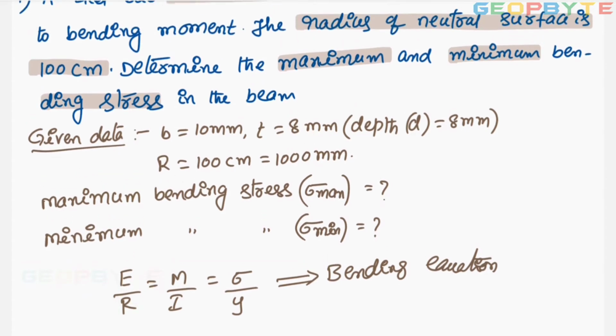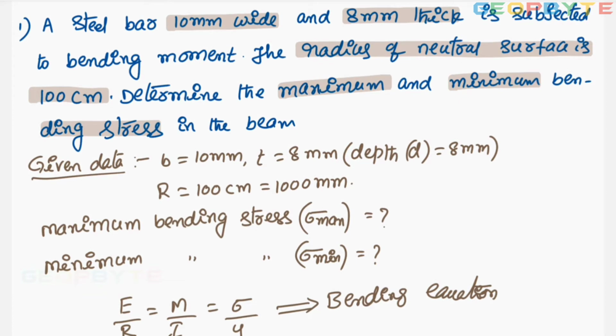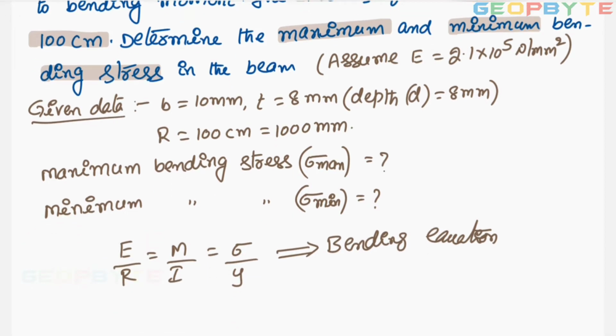Since it is steel, assume Young's modulus is 2.1 into 10 power 5 Newton per mm square. Dear students, in the examination also, if Young's modulus is not given for steel, you can take the same value, either 2 into 10 power 5 or 2.1 into 10 power 5, in Newton per mm square.